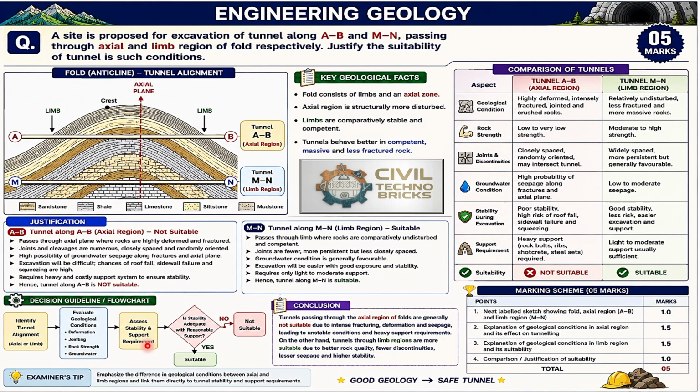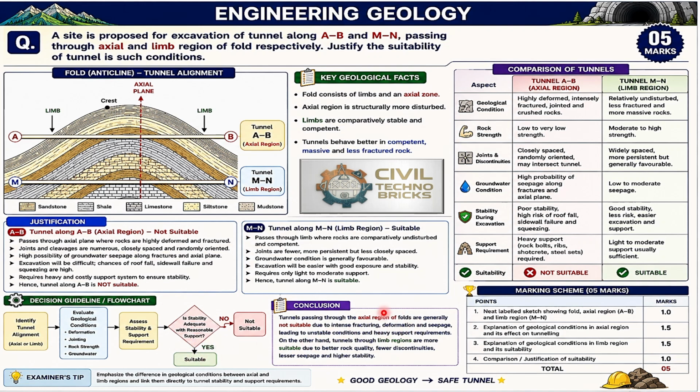After that, we assess stability and support requirement, that is, whether external support is required, or the stability available beneath the earth surface with reference to sandstone, shale and similar rock. After that, we check suitability and non-suitability on the basis of adequate and reasonable support. If a large amount of support is required, then it is not suitable, but if the rock itself is stable, then it is more suitable.